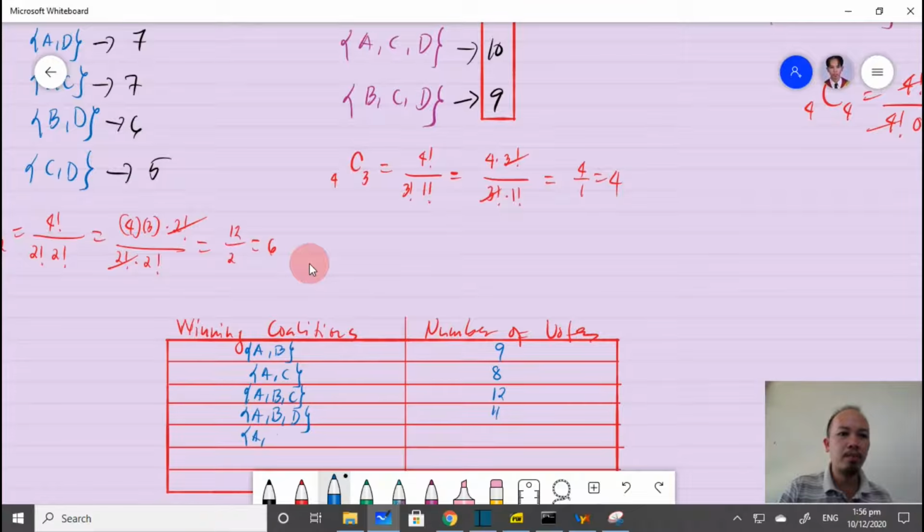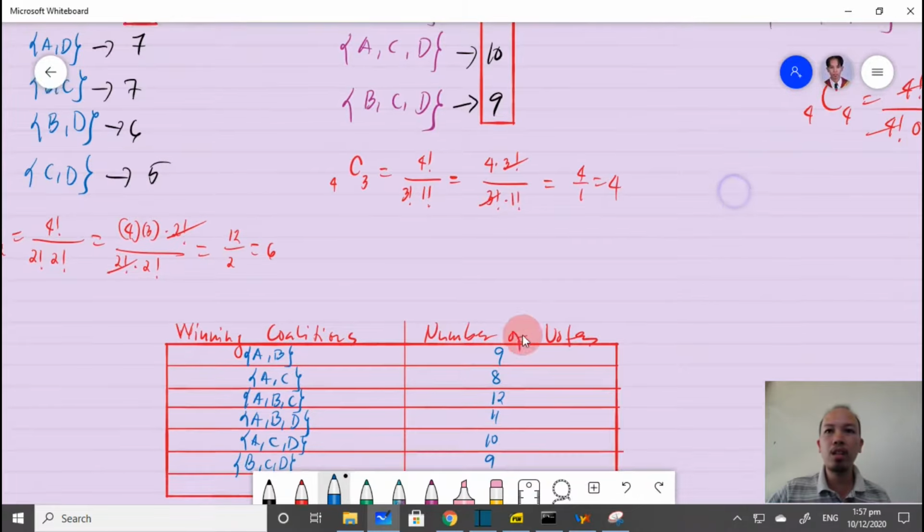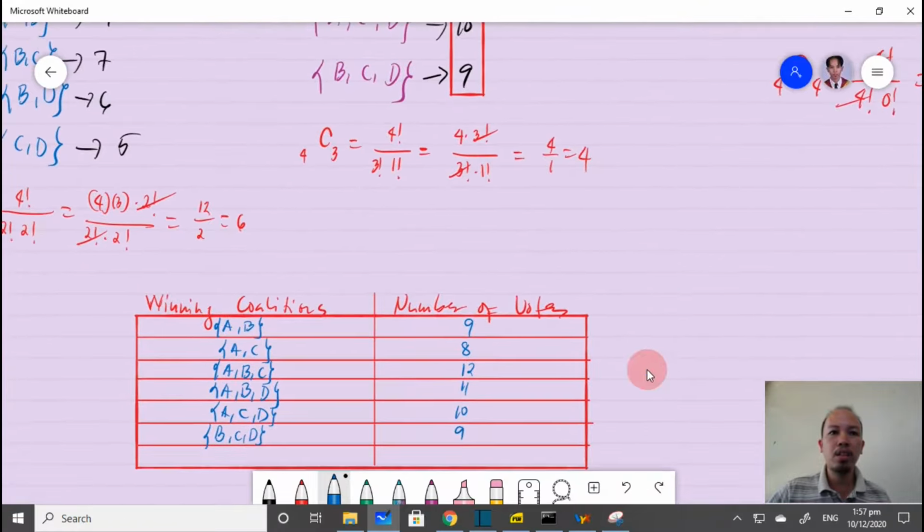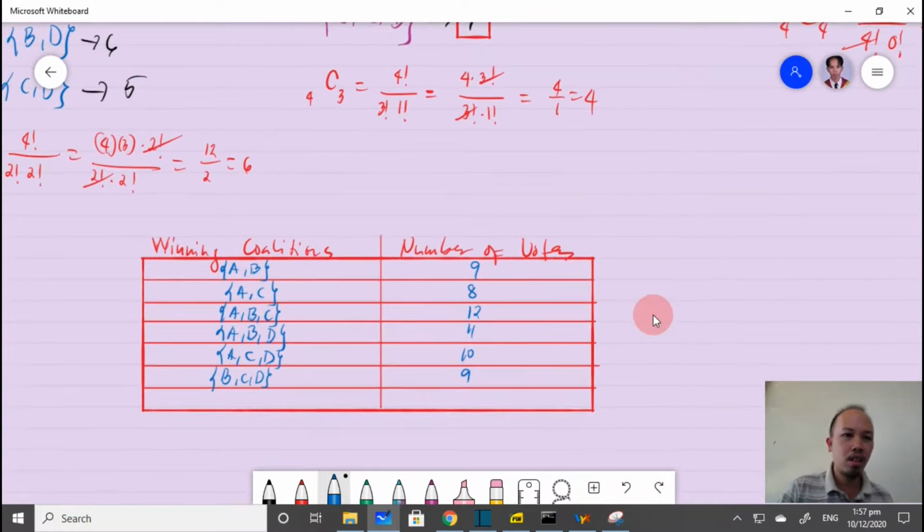Then ACD and BCD, which is 10 and 9. And finally, the last one is ABCD, which is 14.